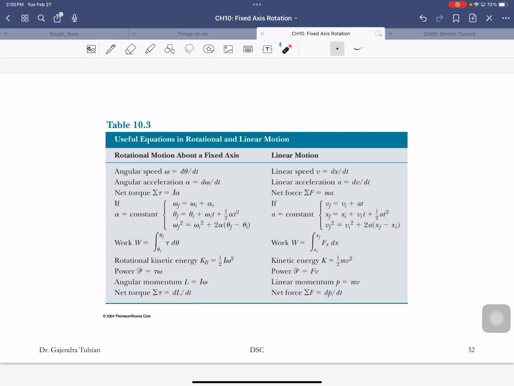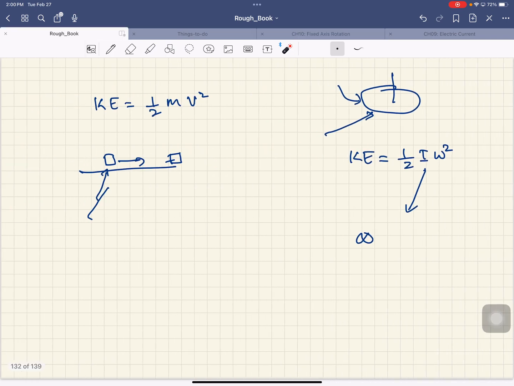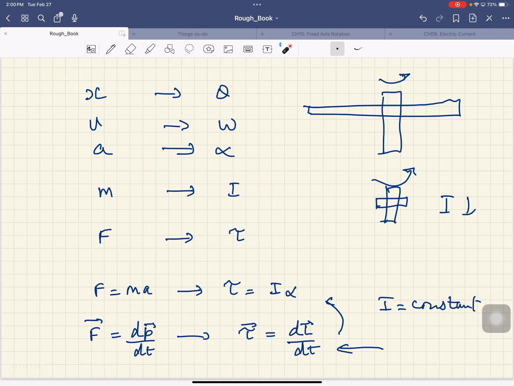All right, so now what have you learned? In the first part of this lecture, we saw this replacement: x, v, a got replaced by theta, omega, and alpha. Now you've seen the mass get replaced by moment of inertia, and force get replaced by torque. To increase your knowledge of these two, you had to listen for another 40 minutes.